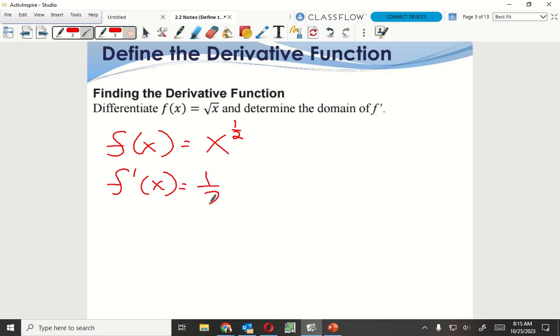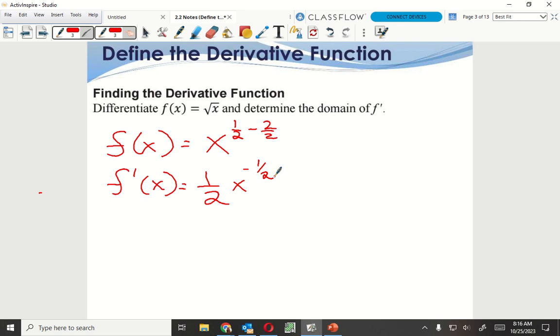Very good. X. Now what am I going to do to that 1/2? Yes, very good. So do the math, minus 2 over 2, like that, right? Which is going to give me negative 1/2. And then I'm going to clean it up. So that is the derivative. But now I want to clean it up.